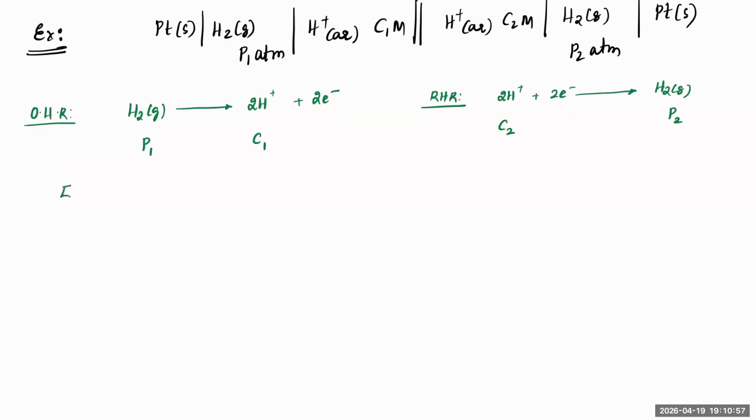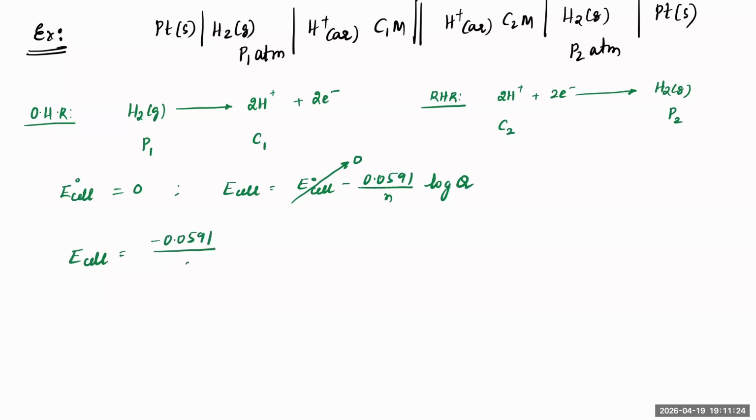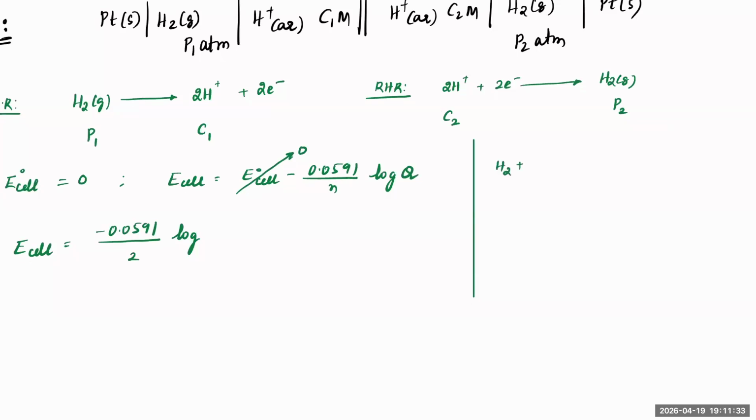Now, we know that E naught cell of this overall cell is 0. Then E cell as per the Nernst equation is E naught cell minus 0.0591 by n log Q. Here E naught is 0, so E cell will be equal to minus 0.0591 by 2, in this case, log Q. For Q, we need to write the overall reaction. The overall reaction is H2 plus 2H+ giving 2H+ plus H2.